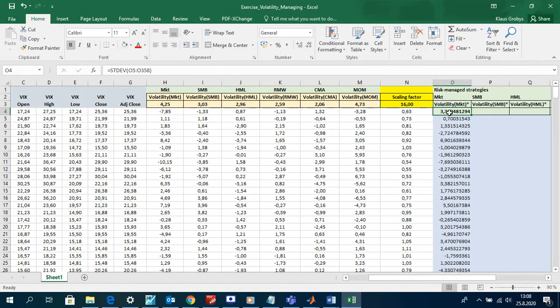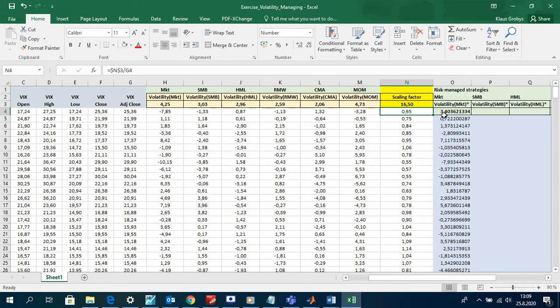The thing is, now we want to have the same volatility of the volatility-managed factor as we have for the standard unscaled market factor. So what can we do in order to come to the same volatility of 4.25? Obviously, we have to increase the scaling factor. So let's try 16.5 as scaling factor.